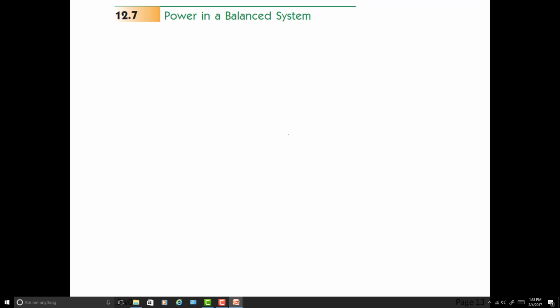All right, we're going to move now to power in a balanced system, and I'll cover as much as I can here, and there may be a separate part where we just work problems. But I'd like to talk a little bit now about power in the balanced system. The important thing here is power is a time domain entity.